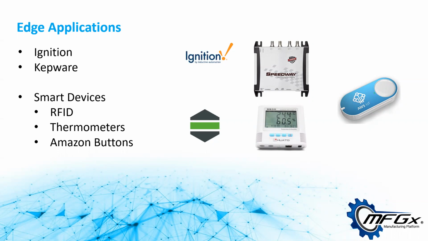Some smart devices actually run their own edge-based applications. The Speedway RFID reader is actually running a small web service or web server, and this service is capable of sampling thousands of RFID tags.